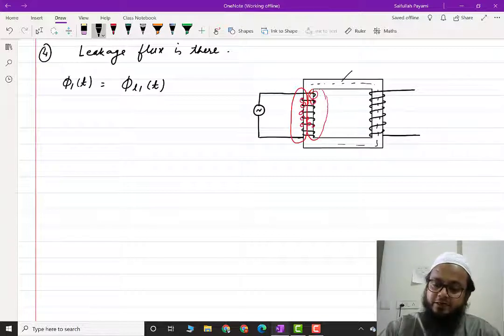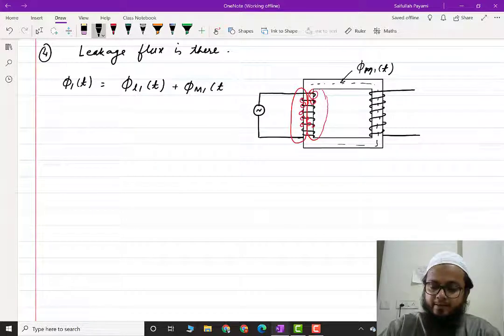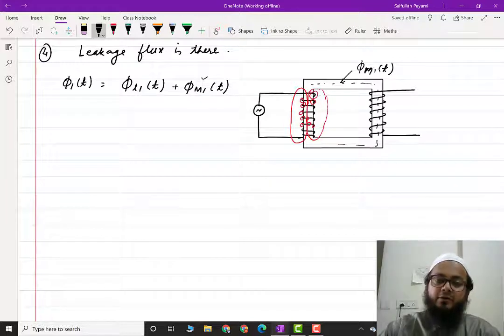That I am writing as phi M1t, with a capital M, so plus phi M1t. This is the flux which is accountable for the induction of the voltage on the secondary coil.